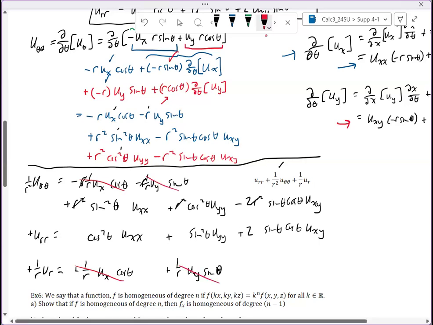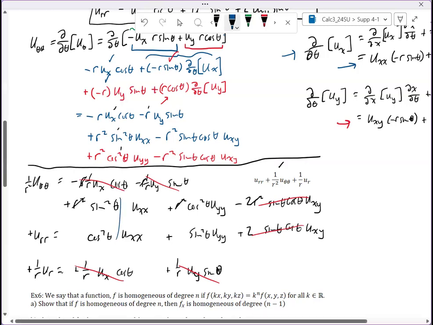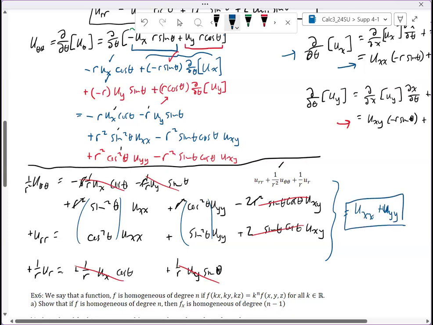The minus 1 over r u_y sine theta goes away. The minus 2 sine theta cos theta u_xy cancels with the similar term from the u_rr bit. And lastly, we have u_xx times sine squared theta plus cos squared theta, plus u_yy times sine squared theta plus cos squared theta. All of this just equals u_xx plus u_yy. And that was exactly what we wanted to show.